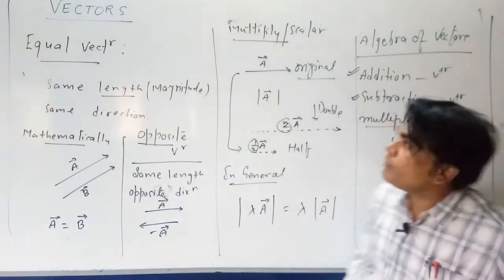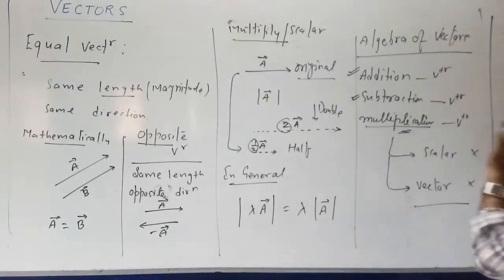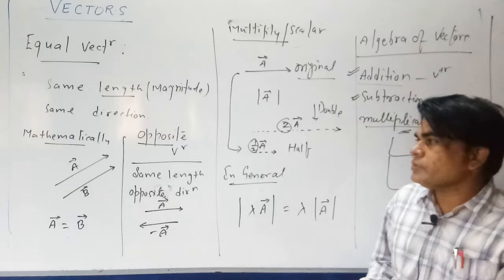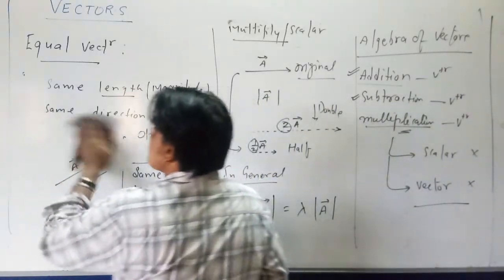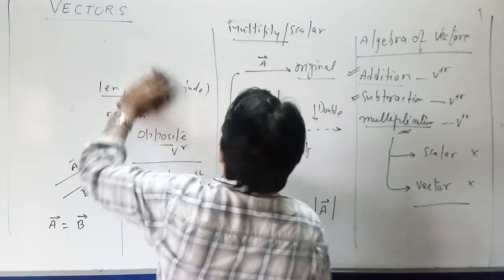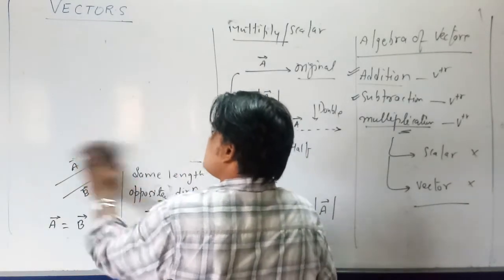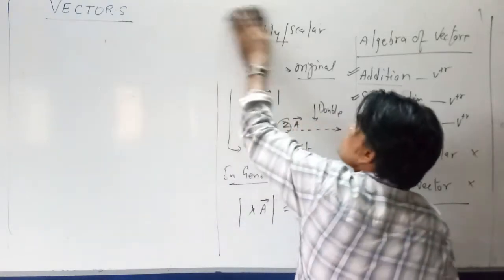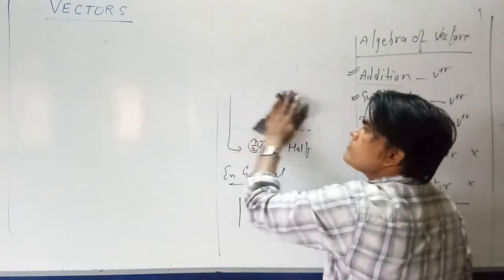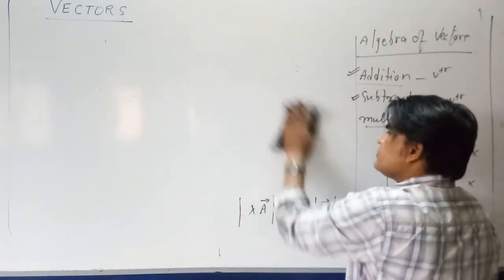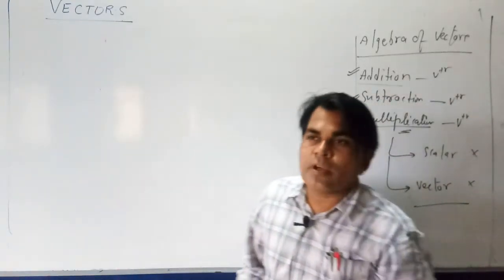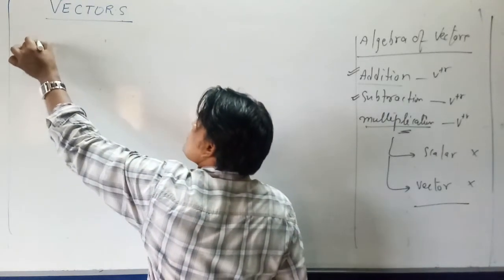Now we are going to understand the algebra of vectors, addition. You see guys, you will find that vectors cannot be added as we add numbers, scalar numbers. So there are two laws. We are going to understand the addition of vectors.